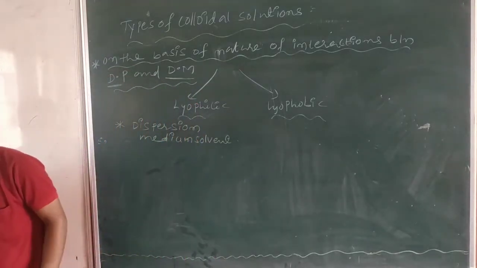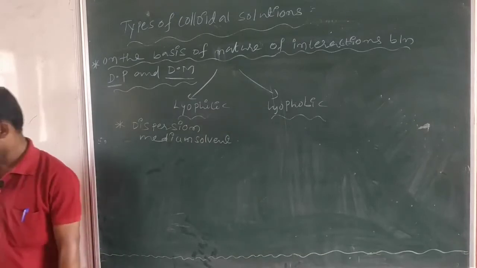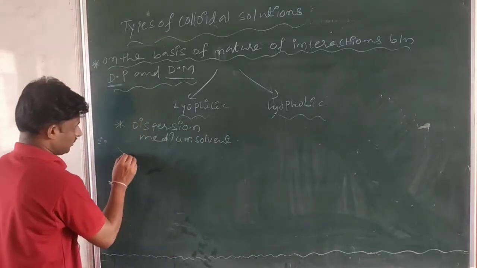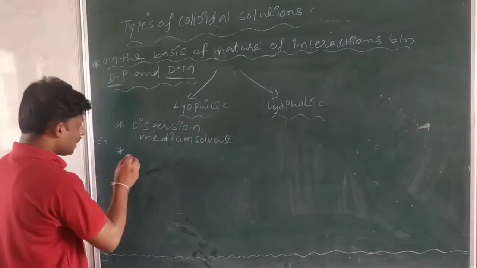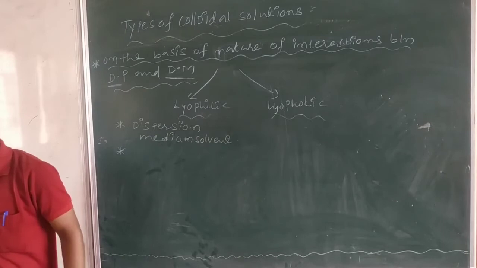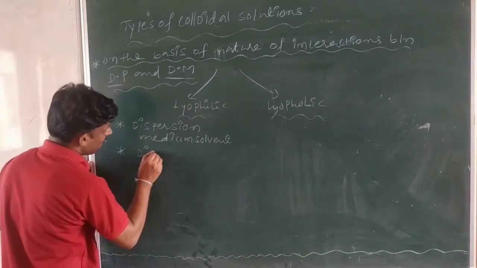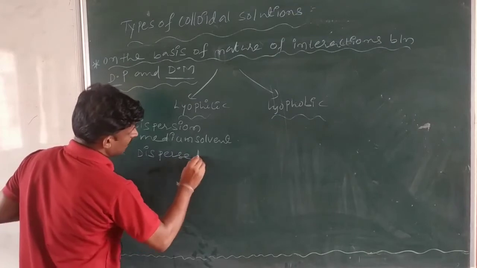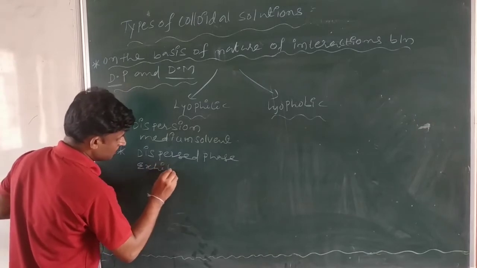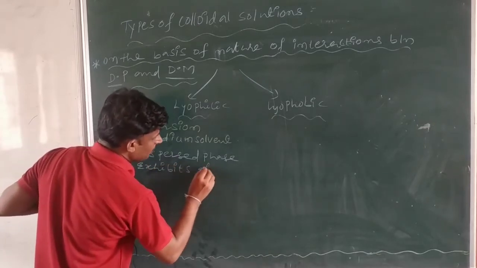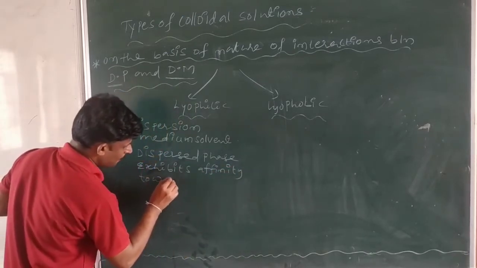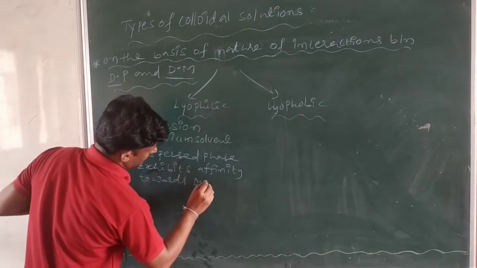So what is lyophilic? Generally, these are called emulsoids. Emulsoids also, these are called. We'll talk about this one. So in this case, the dispersed phase exhibits affinity towards the dispersion medium, DM.